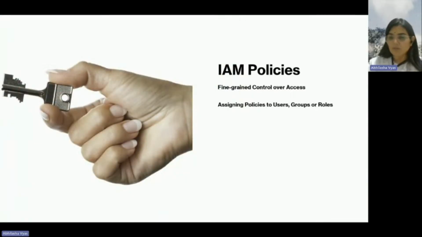IAM policies provide fine-grained control over access to your backend resources, and also allow you to define who can access your resources and what actions they can perform. We can assign these policies to users, groups, and roles. And this again gives us flexible and scalable access control solutions.